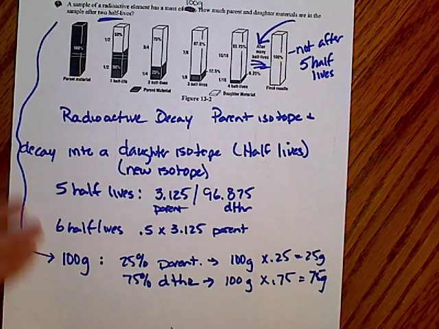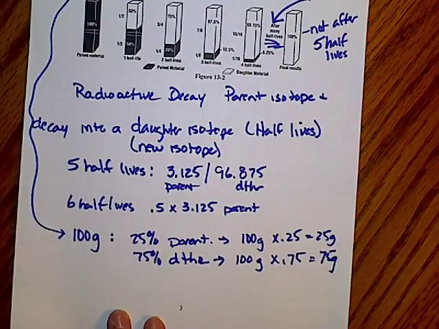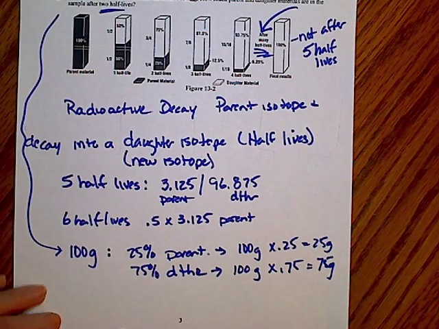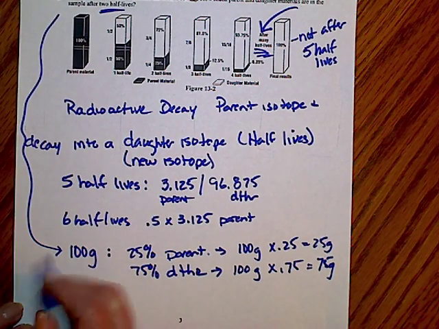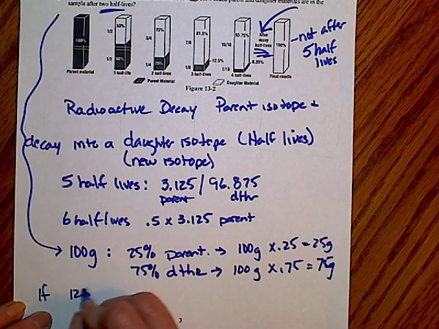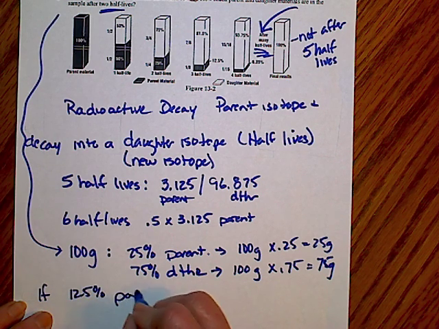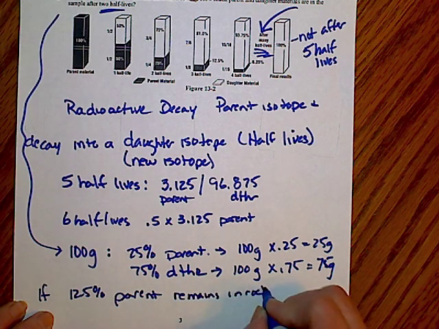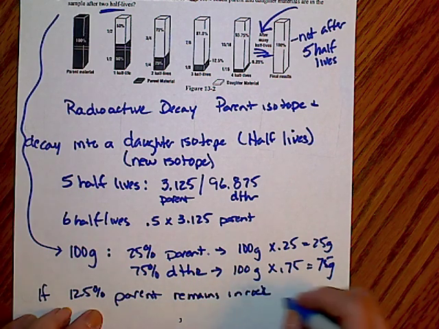Now, what if they asked you a question like, say for example, looking at my chart here, if 12.5% of the parent remains in the rock, how many half-lives have gone by?